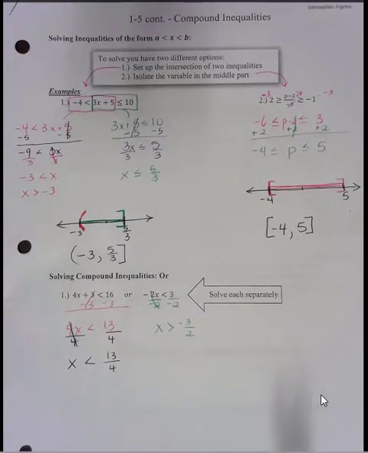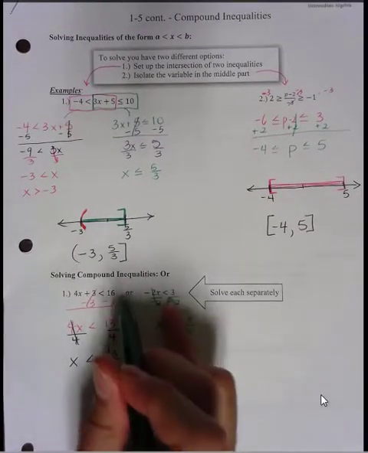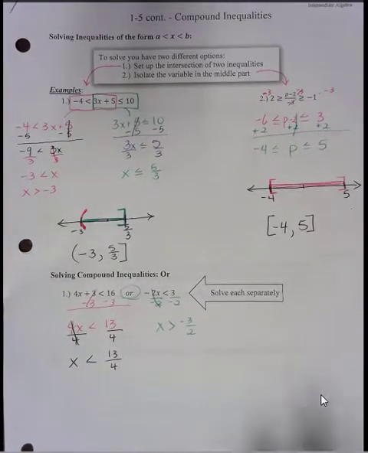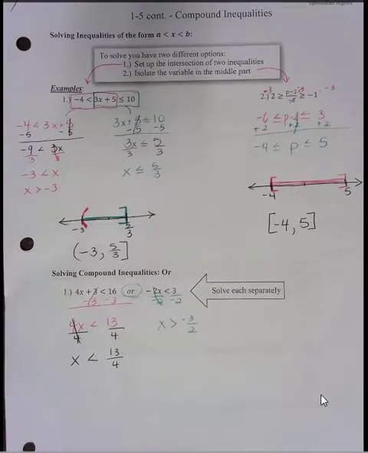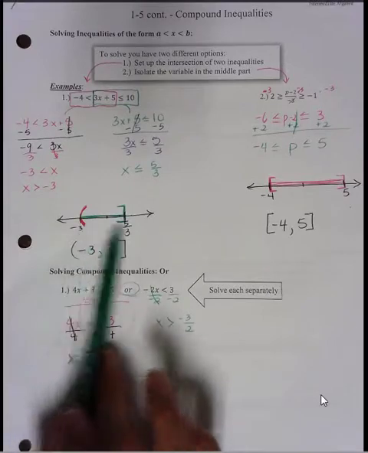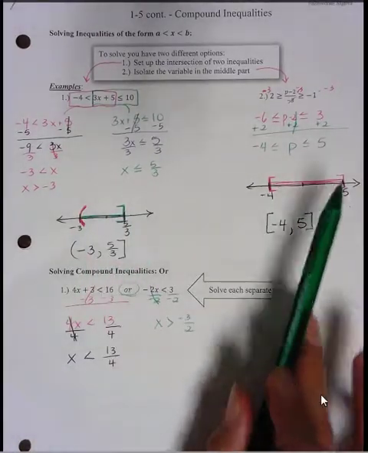Okay. Now, just as a reminder, when it's an or, it means either could be true, and the whole thing is true. With the ands, we have to have the overlap where both are true.